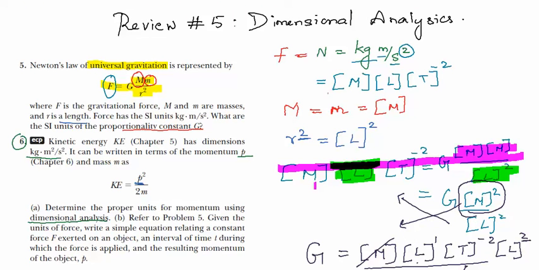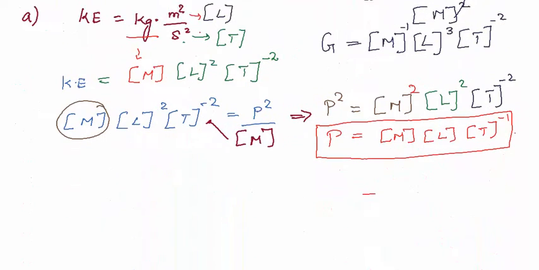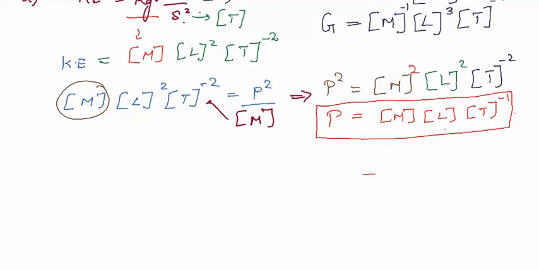So we know that force is MLT to the power -2, and we know that momentum is MLT to the power -1. Somehow we have to incorporate T.